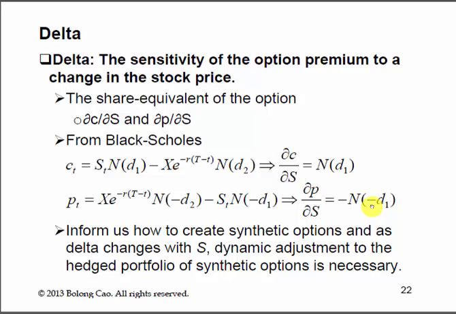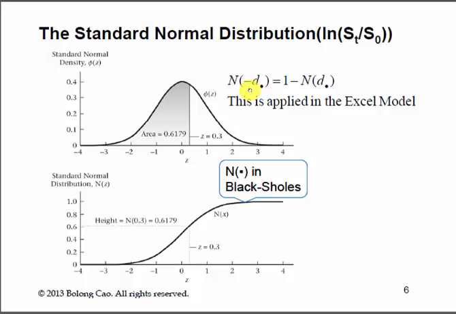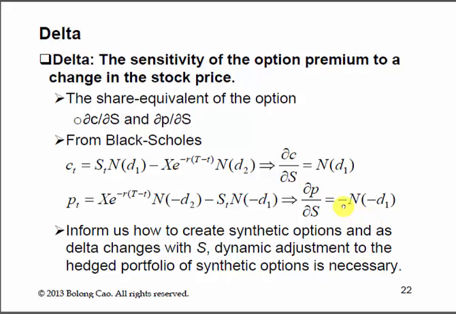Also, as we have seen earlier, N(minus d1) is 1 minus N(d1). And then for the put delta, we have minus N(minus d1), which is minus (1 minus N(d1)). So it's actually N(d1) minus 1. So the put delta will basically move the call delta down by 1.